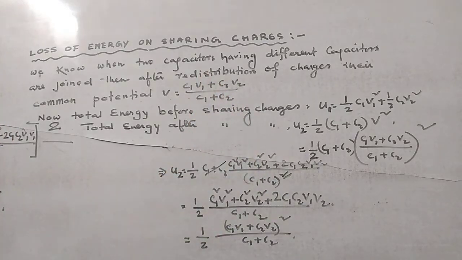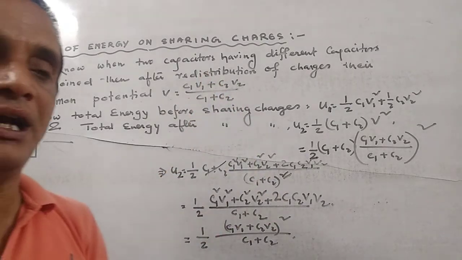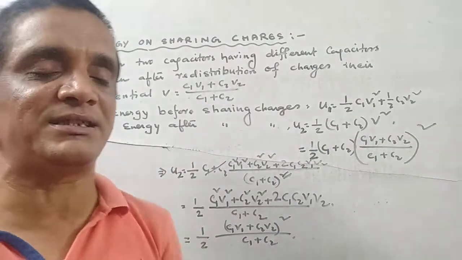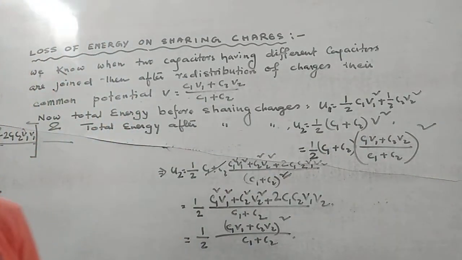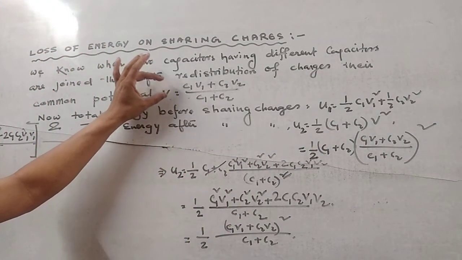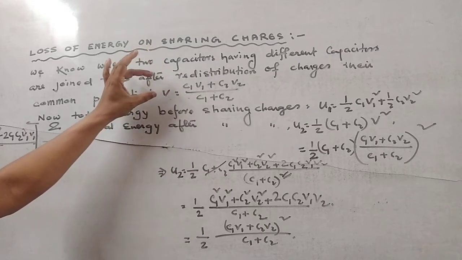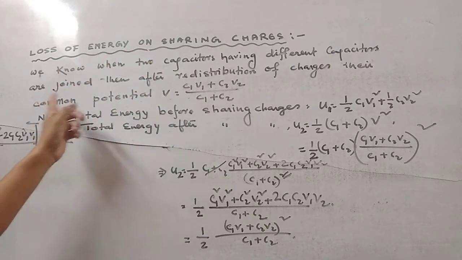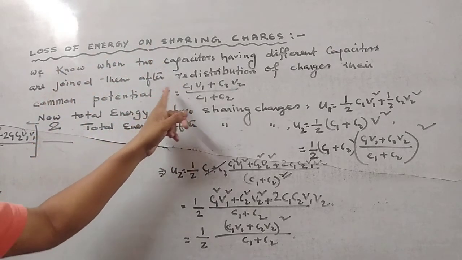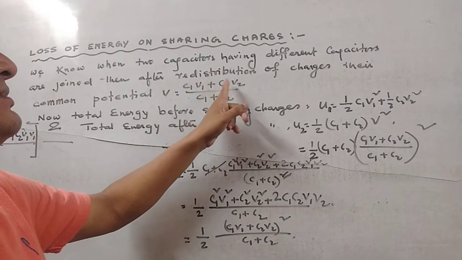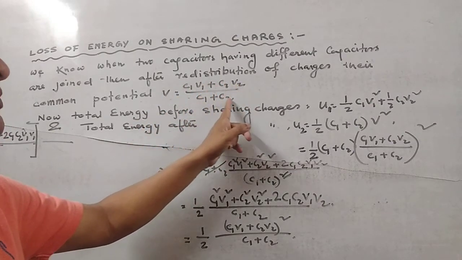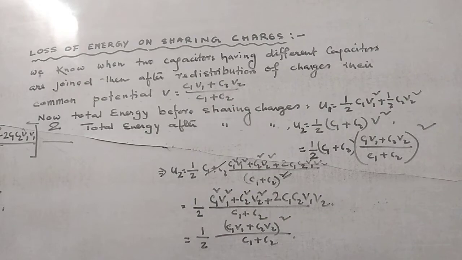Is it clear? We have seen this in the last video: when the two capacitors are joined, the common potential between them is V equal to C1 V1 plus C2 V2 divided by C1 plus C2. That is the common potential.